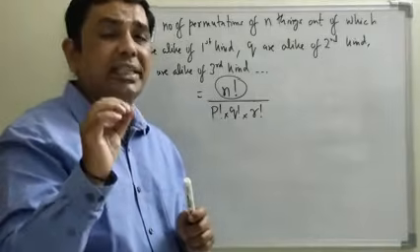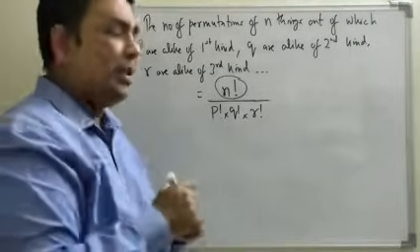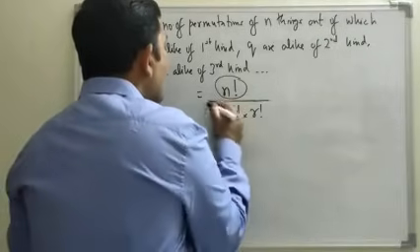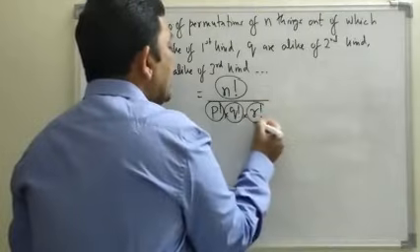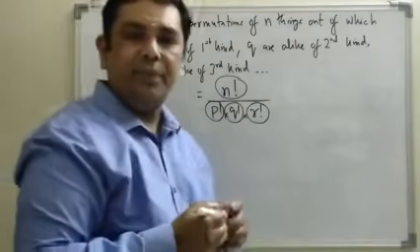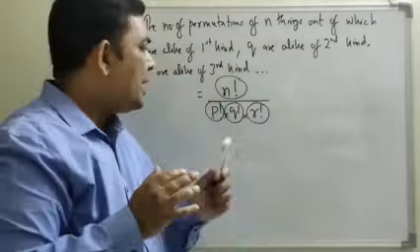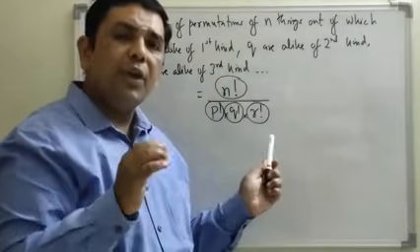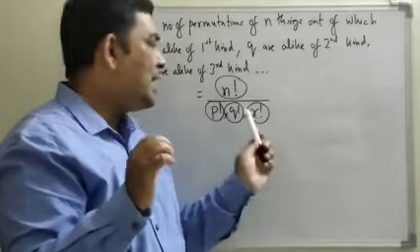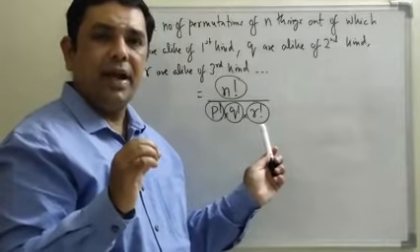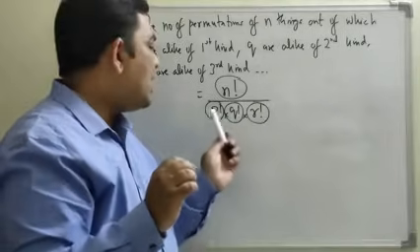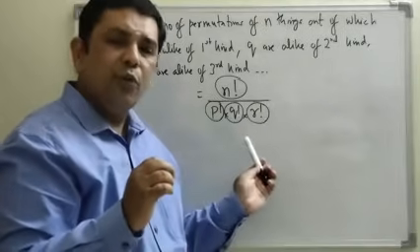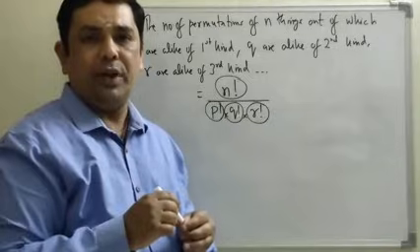The change is very simple. Divide by the factorial of the number of things that are identical. I repeat, divide by the factorial of the number of things that are identical, right? So n factorial divided by p factorial into q factorial into r factorial.